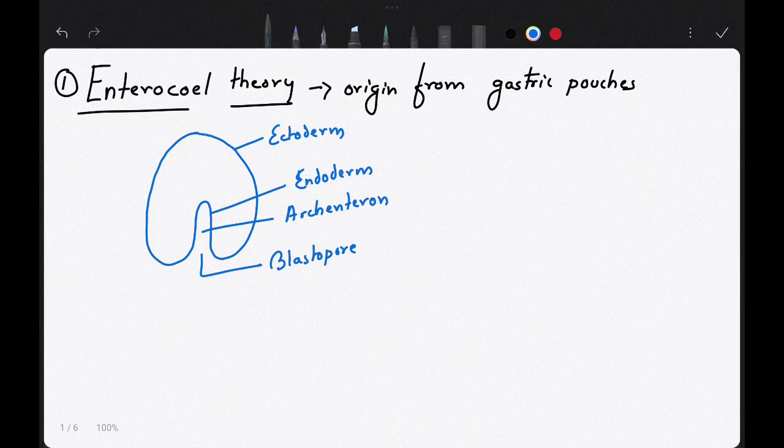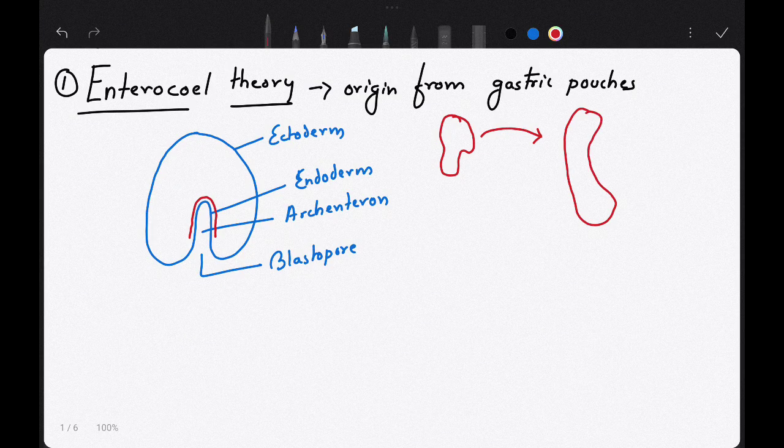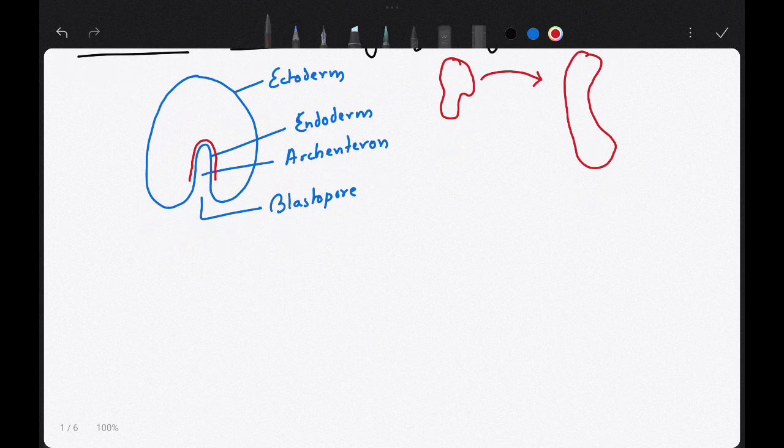So according to this theory, this gut area gave rise to the formation of various gastric pouches. Okay, and these gastric pouches in future will form the coelomic cavity. These gastric pouches will expand and form the coelomic pouches.